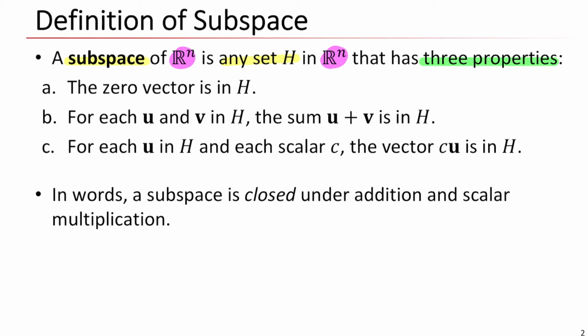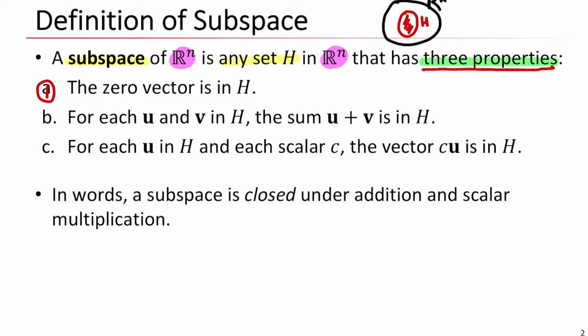Let's say there is the Rn vector space, and then there is a subset, let's say H, in Rn space. If this subset H satisfies the three following properties, then we can say that this subset H is a subspace.